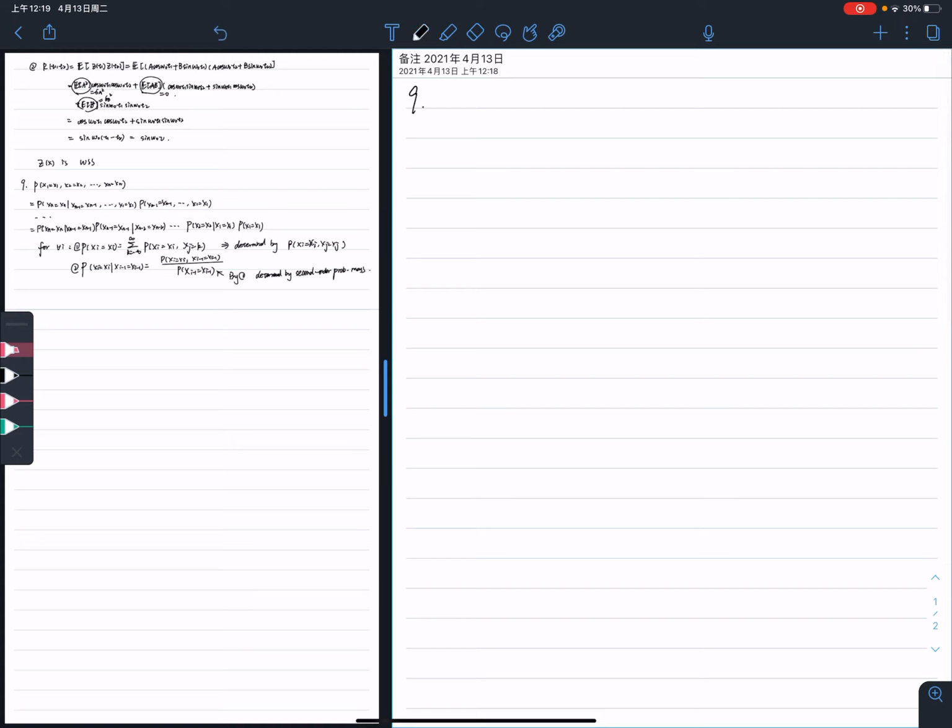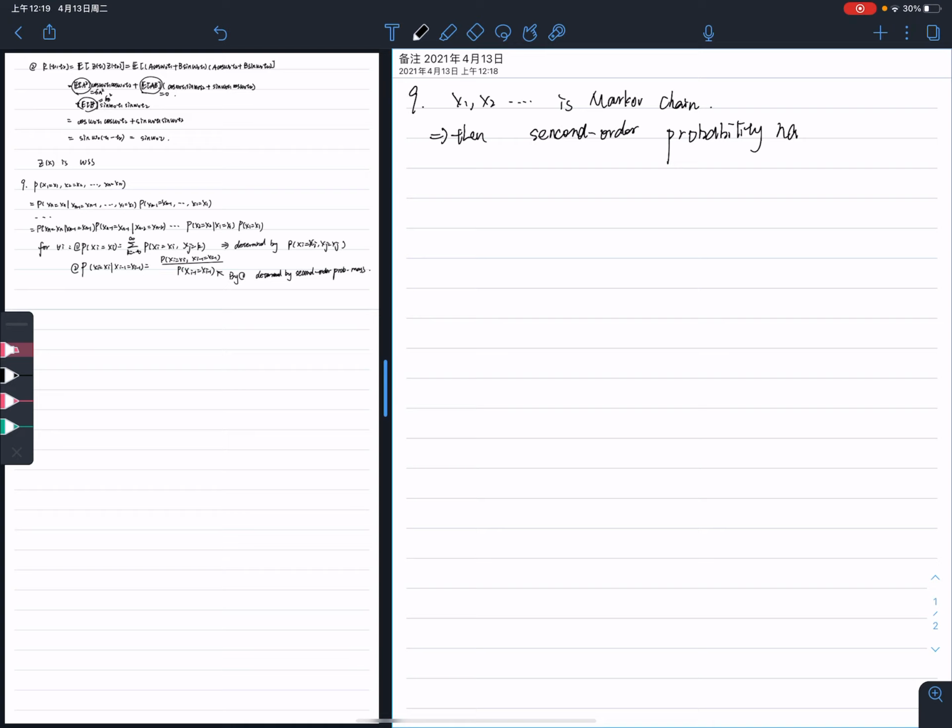So in this problem we want to show that if X1, X2, and so on is a Markov chain, then it is statistically determined by its second order probability mass.